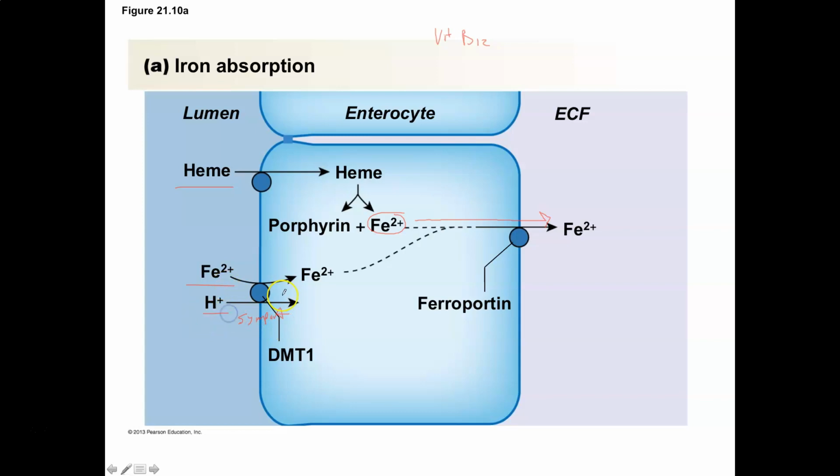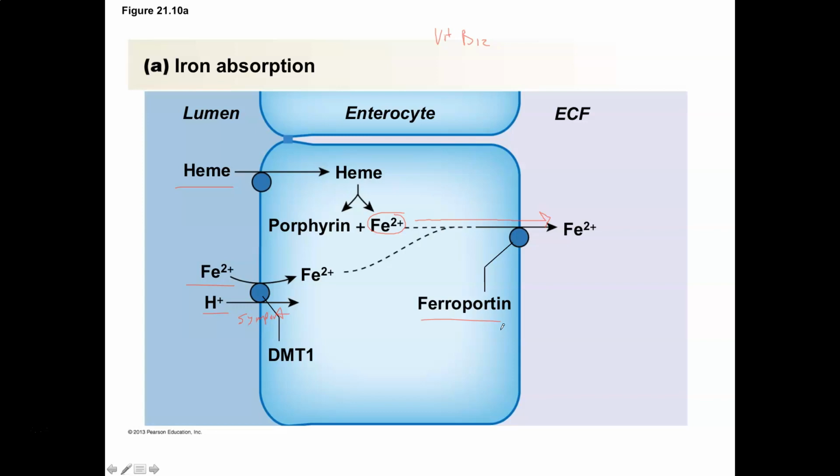So this is a hydrogen iron symport, and that's moving the iron into the epithelial cell. And then again, we're eventually going to transport it into the extracellular fluid. The way that iron is transported is using a transporter called ferroportin. So the ferroportin is the transporter used to move iron into our extracellular fluid.